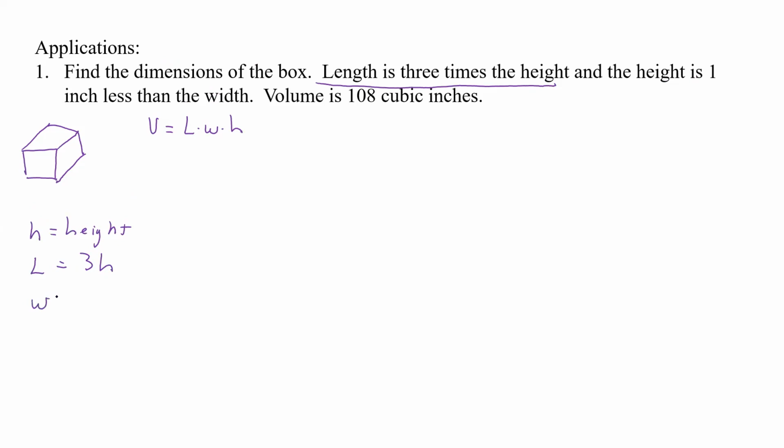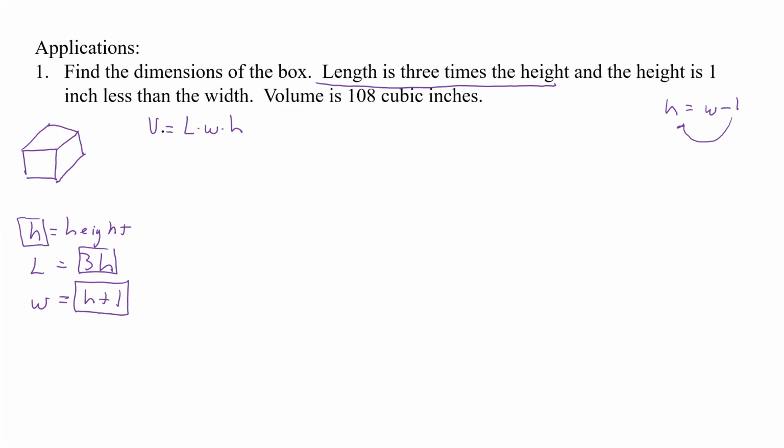And the width, then, the height is 1 inch less than the width. So the width is going to be the height plus 1. Okay. So height is width minus 1, or we can add that one over here. So width is h plus 1. So these are our values we're going to use here: h, 3h, and h plus 1.